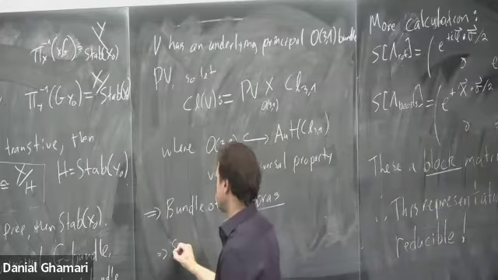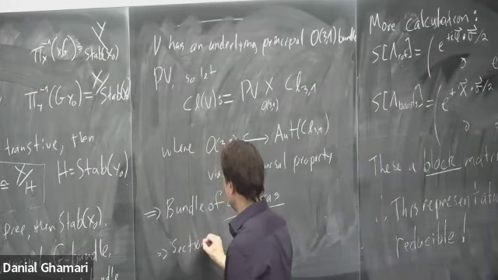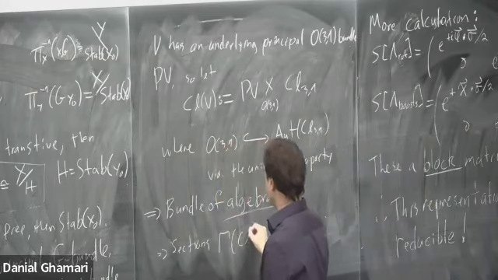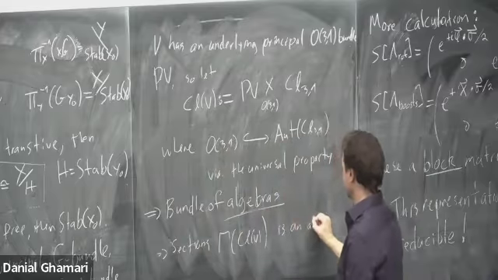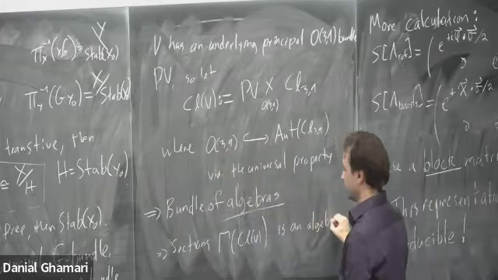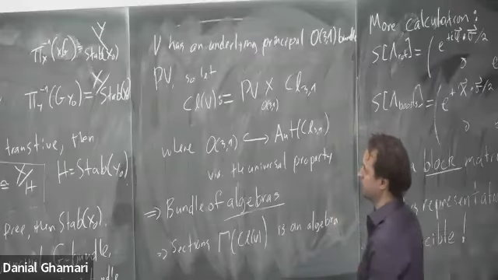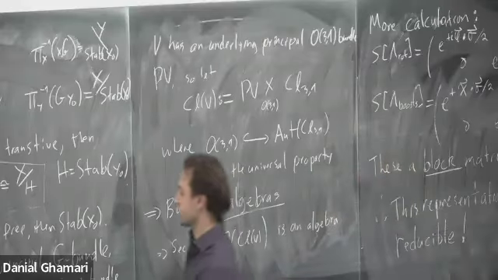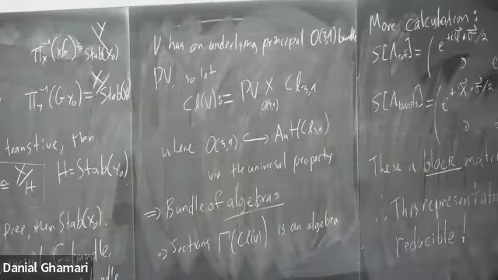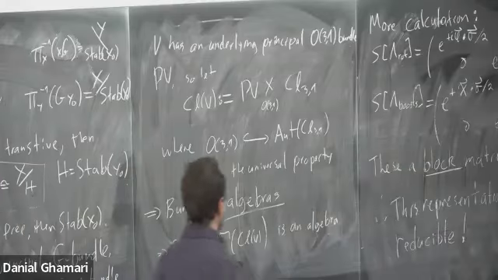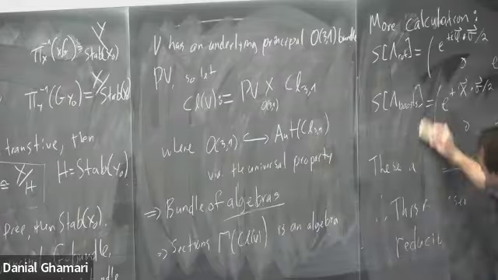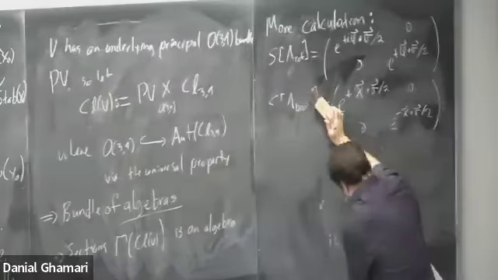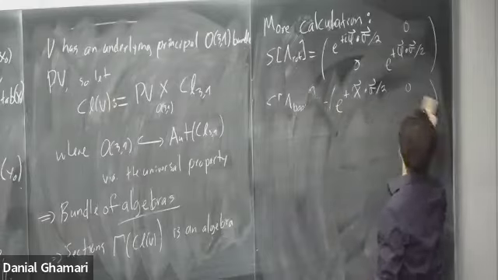And so the sections, in particular sections of Cl(V), form an algebra. So this is our bundle of Clifford algebras that we want to do physics at each point.